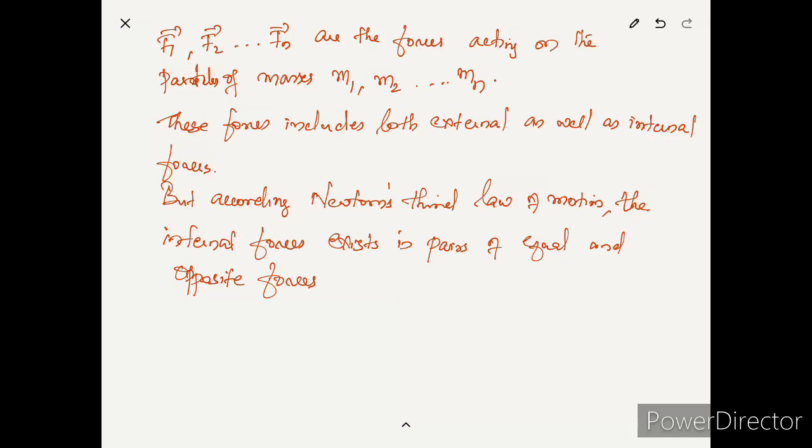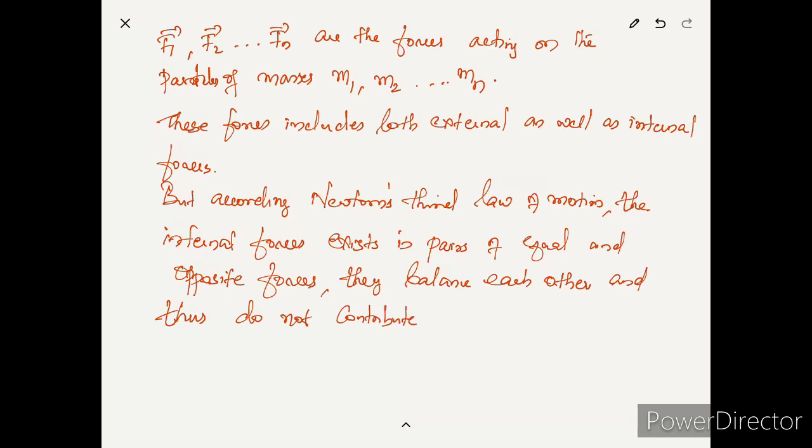Now the thing is clear. According to Newton's third law of motion, the internal forces always exist in pairs of equal and opposite forces. It means they balance each other, and thus do not contribute anything to the total force.